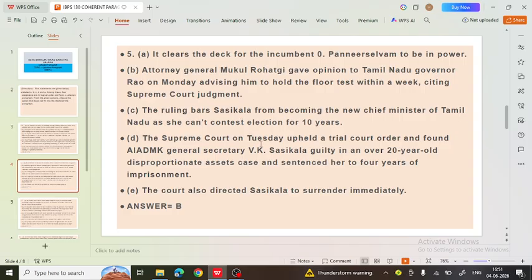The Supreme Court on Tuesday upheld the trial court order and found AIADMK General Secretary VK Sasikala guilty in an over 20 years old disproportionate assets case and sentenced her to 4 years of imprisonment. The court also directed Sasikala to surrender immediately.